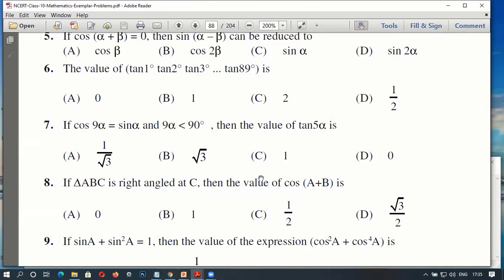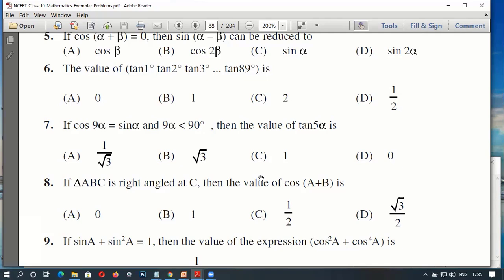Tan of 90 minus theta is cot theta. We'll learn a little more tomorrow. So tan 89 can be written as cot 1. Just to give a hint, tan 89 is cot 1, tan 88 is cot 2, tan 87 is cot 3. Are you getting something?